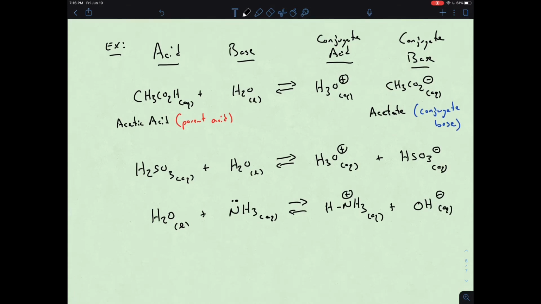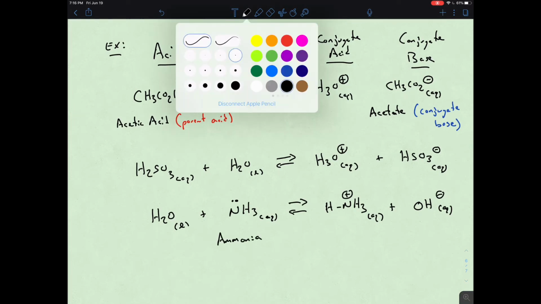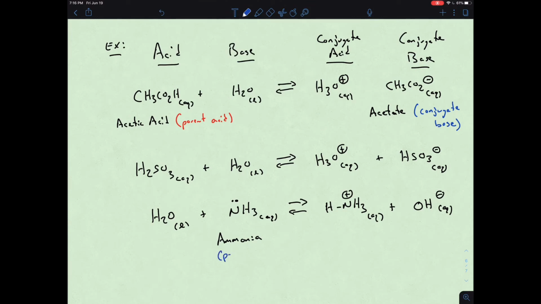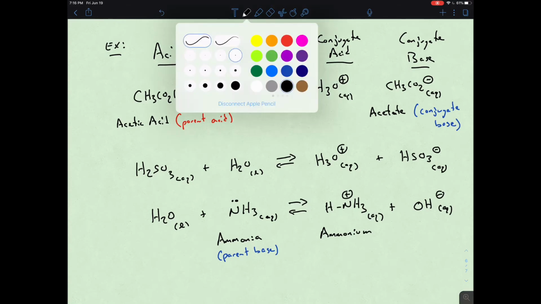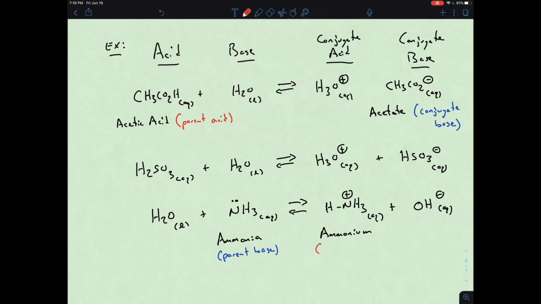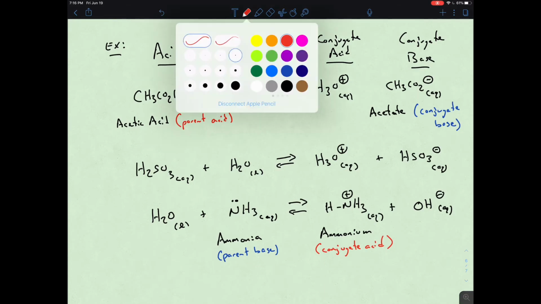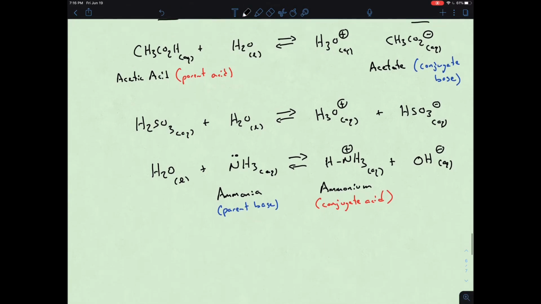So we started here with ammonia as the parent base, and then we're generating ammonium, which is now the conjugate acid form of ammonia. So there's that kind of tie between the two, just like we have above.